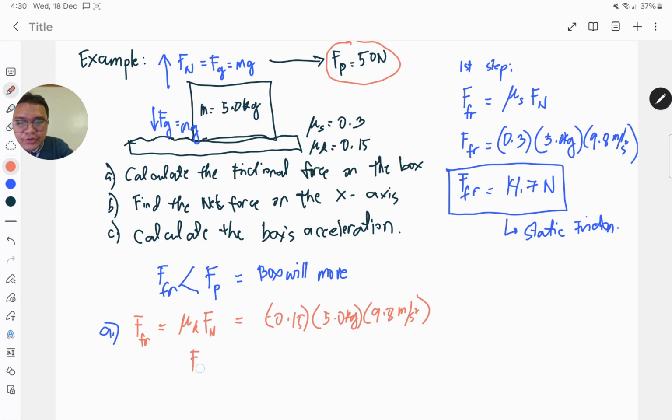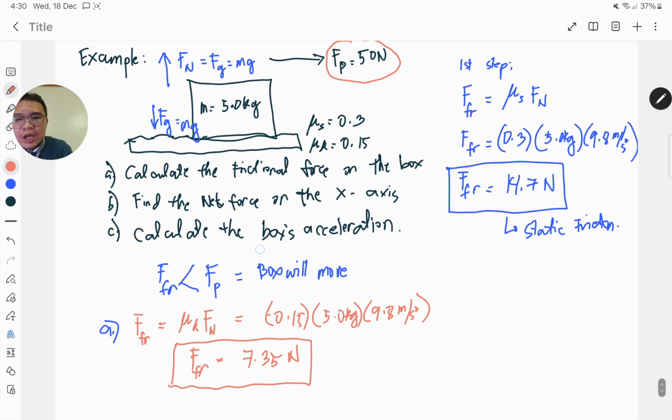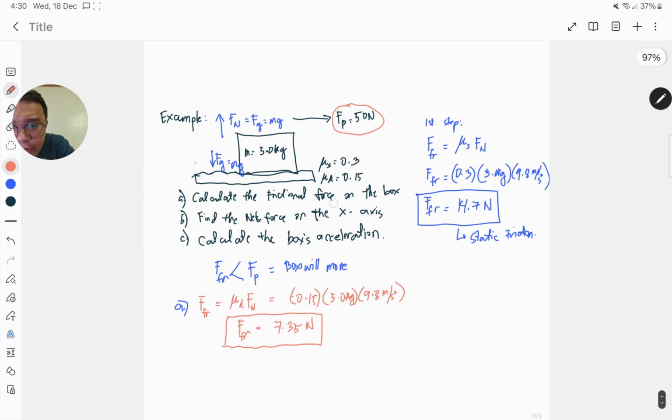So our frictional force due to the kinetic friction is 0.15 times 5 times 9.8, that is 7.35 newtons. If we draw that in our diagram, the frictional force due to the kinetic friction is going in the opposite direction, 7.35 newtons.